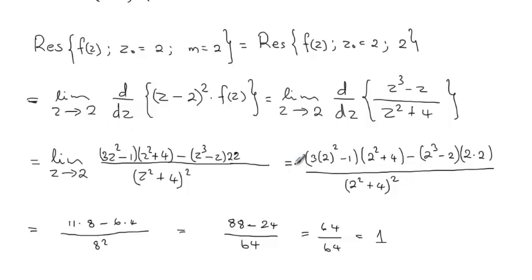Now this reminds us of our whole discussion on how to calculate residues, starting with the simple poles up to poles of order m. Now, summarizing that discussion we had before, we've got the following summary.